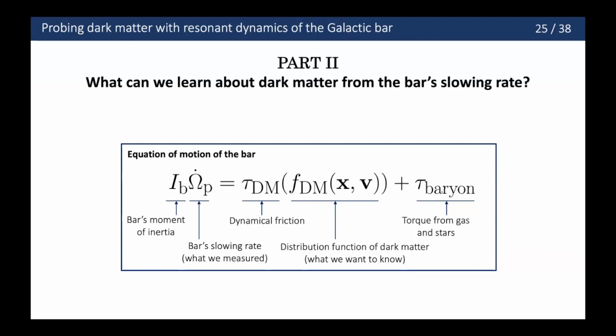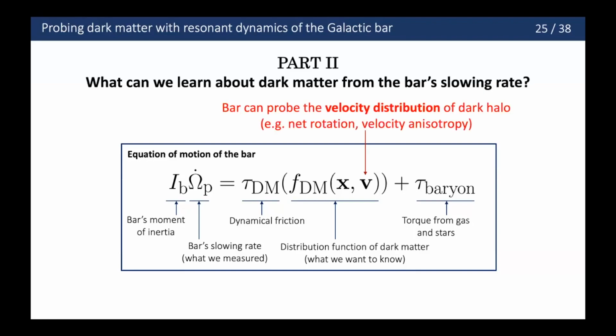And by subtracting the contribution from baryons, which, again, is not trivial, we have an estimate on how much dynamical friction is exerted on the bar. The significant thing here is that dynamical friction not only depends on the spatial distribution of dark matter, but it also depends on the velocity distribution of dark matter. So for example, the dark matter halo might have a net rotation in the same sense as the disk, or it might have a counter-rotating speed.